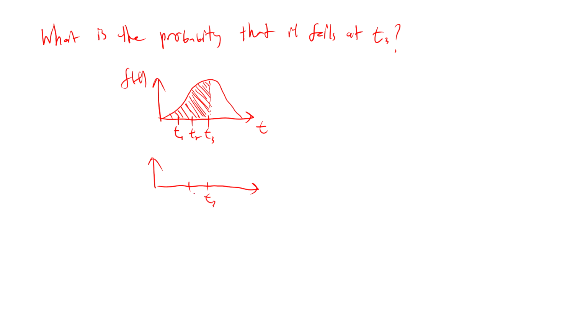If you ask yourself why it is the area under the curve, it is because failing at T1 also means that it fails by T3, and failing at T2 also means that if you wait until T3, the failure has already occurred.